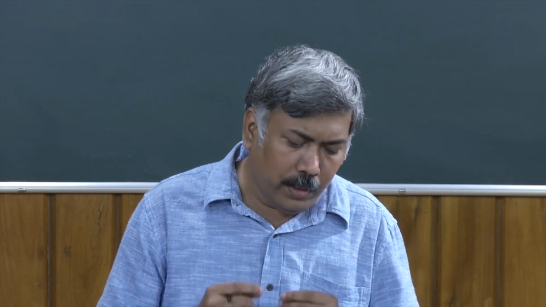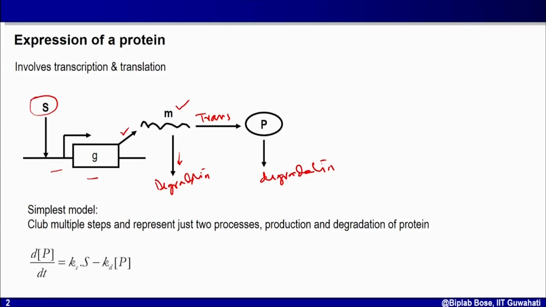I can write a simple ODE representing the rate of change of protein concentration, and we have seen earlier that it will be equal to Ks into S, that is the rate constant of synthesis of the protein, into S, that is the signal which is inducing the production of the protein, minus Kd into P, this is the first order degradation of protein. You have seen it in an earlier module. This is the simplest one I will always recommend if I am not bothered about the detailed mechanism, the multiple steps involved in the production of a protein.